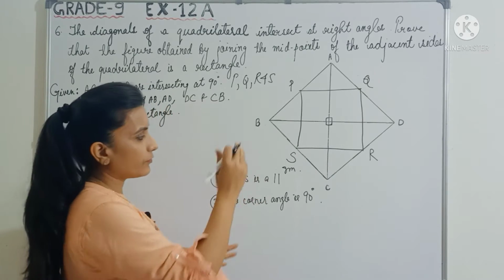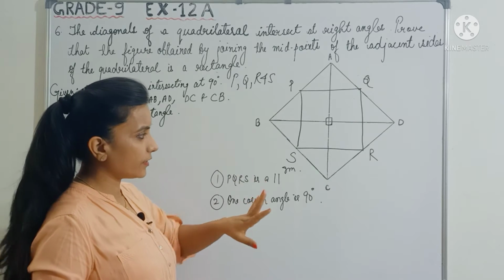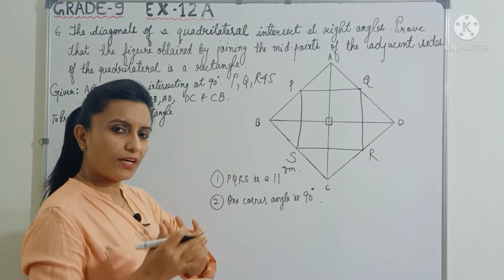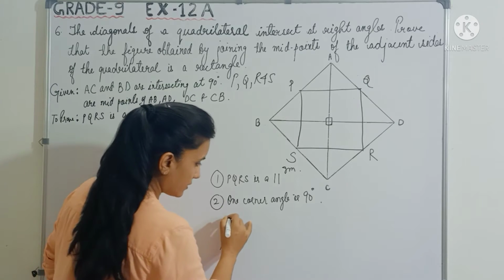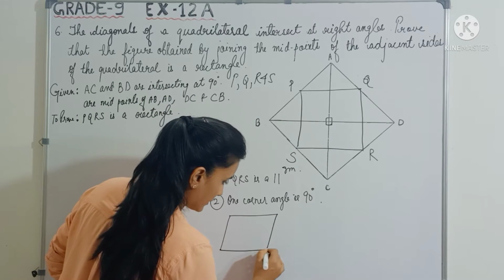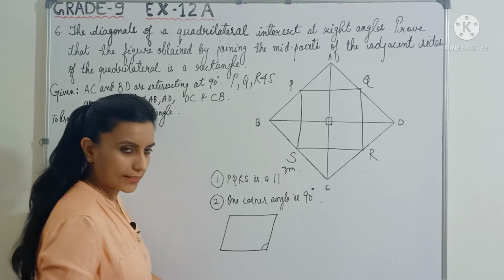Because in a parallelogram, if all 4 angles are 90 degrees, then it becomes a rectangle. You don't have to show all 4 angles are 90 degrees, because see, this is a parallelogram, and this angle is not 90, correct?